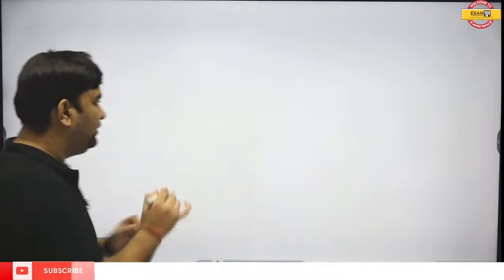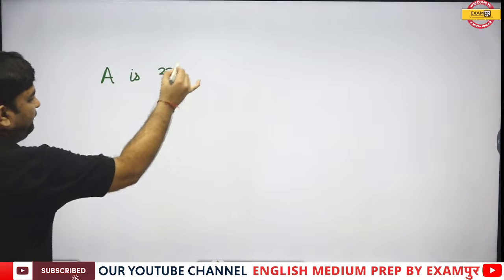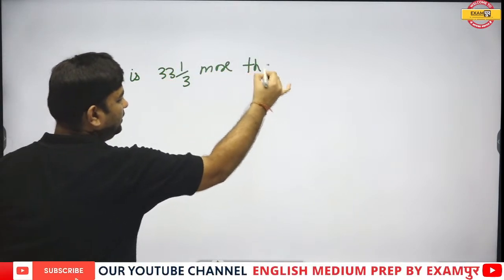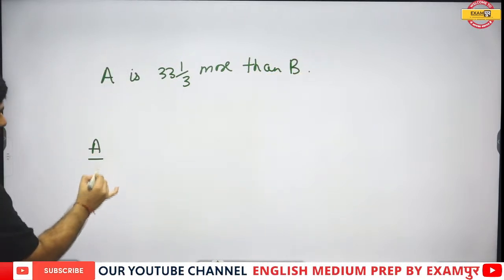Okay, great. I'm asking you, A is 33 1 by 3% more than B. What is the ratio of A over B?